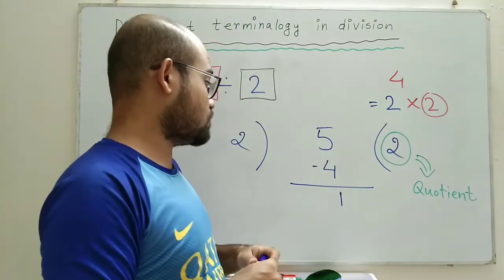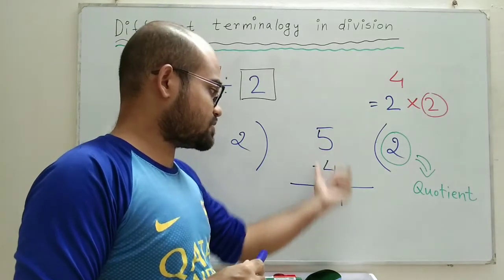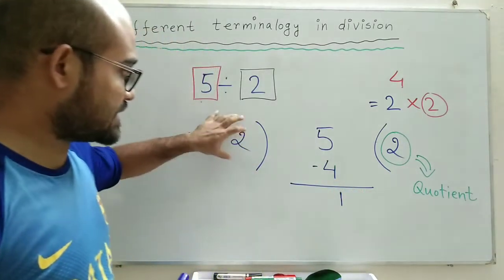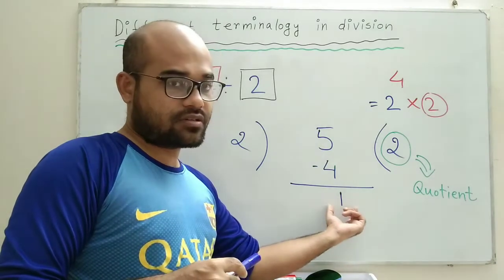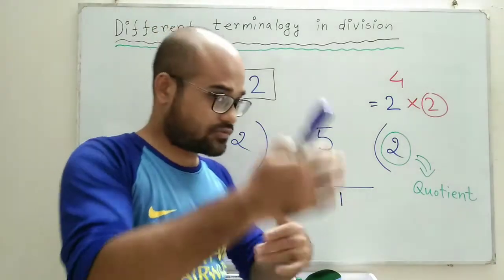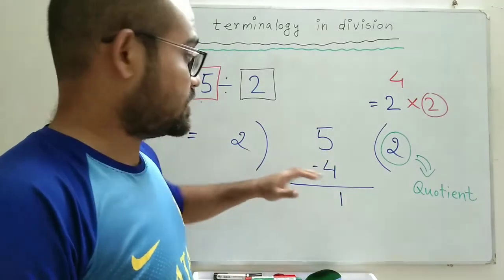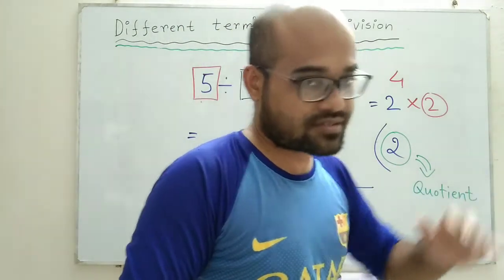Well, the answer is no. Because our outcome of this subtraction is 1, and this number 1 is less than 2. So whenever you get a number after subtraction which is less than the divisor, the division process is terminated or the division process ends.